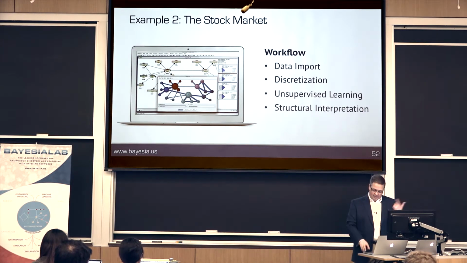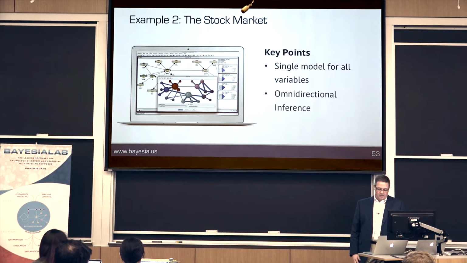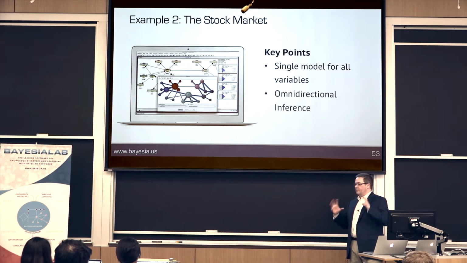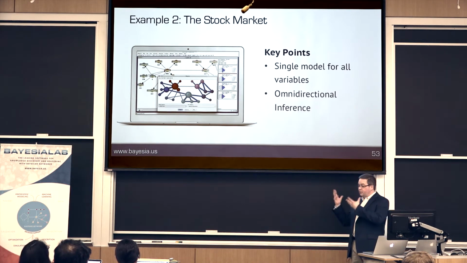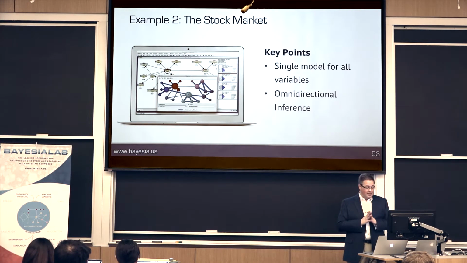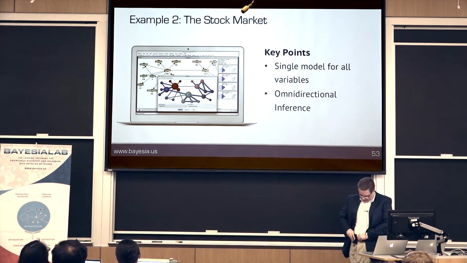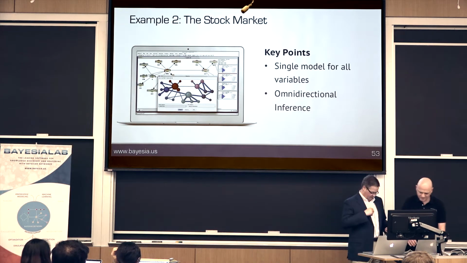What will be interesting is that we will create a single model for all 500 stocks, without distinguishing between input and output variables. Just a single model for all the time series. And once again, omnidirectional inference will be a very obvious feature that we can observe here. So with that, once again, Lionel, come back. I'll hand you the microphone again.